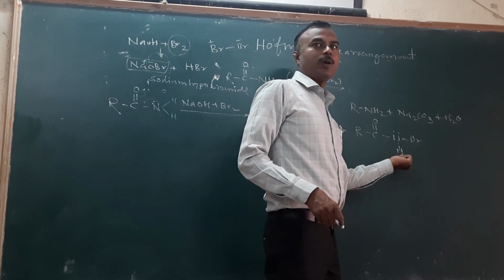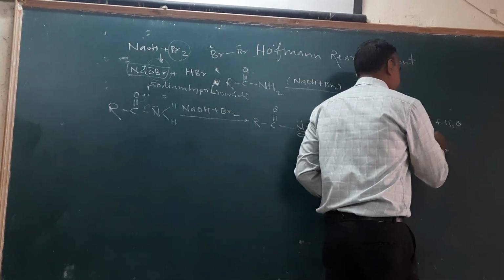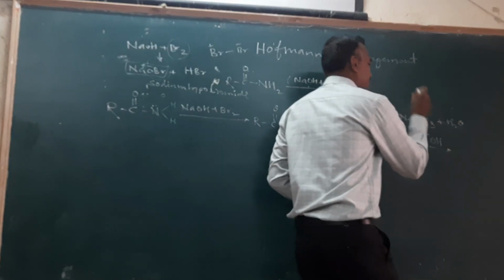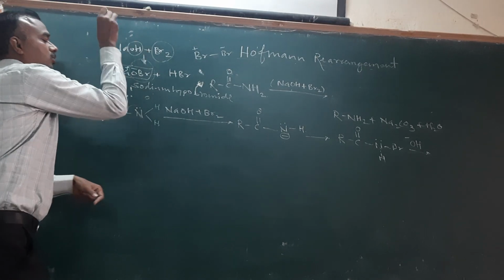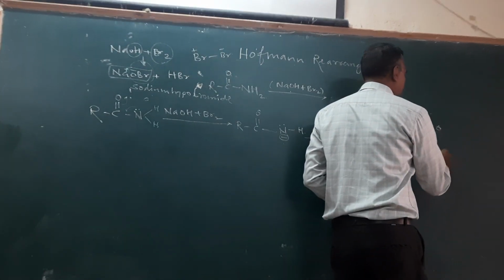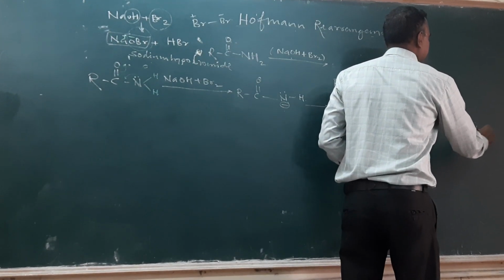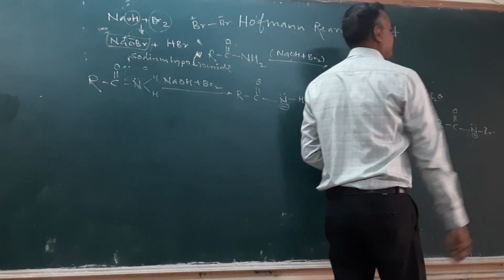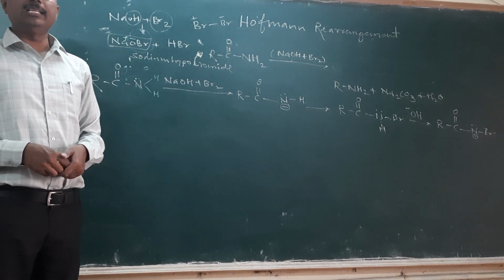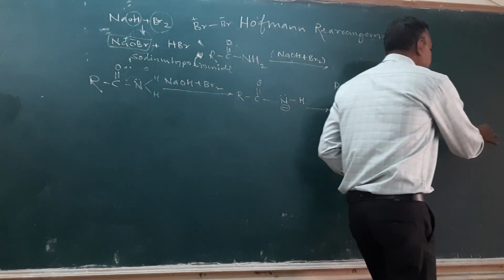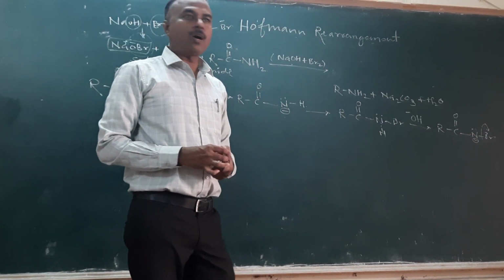This is now an acidic proton. It was taken by the OBr, giving OH. So it becomes now R C double bond O N Br minus. Simultaneously, this Br is eliminated, removed from the substrate.